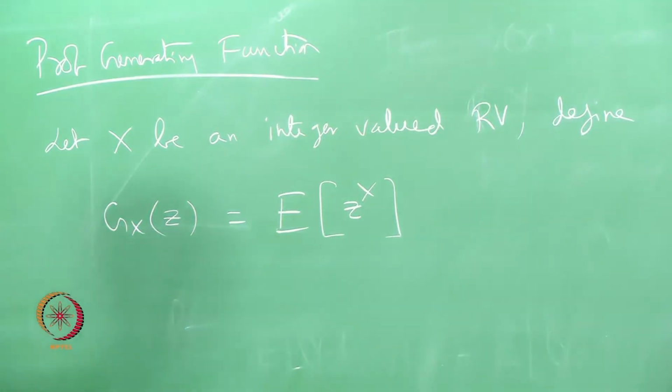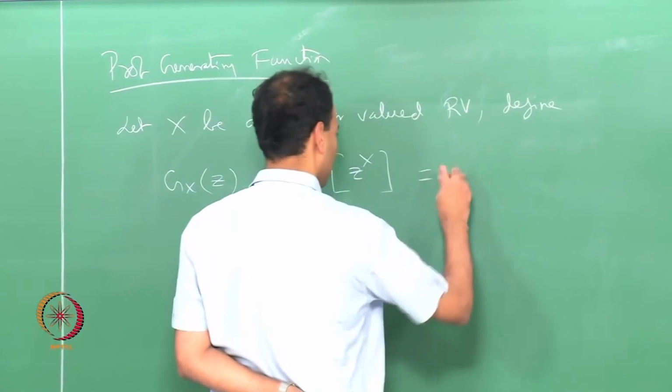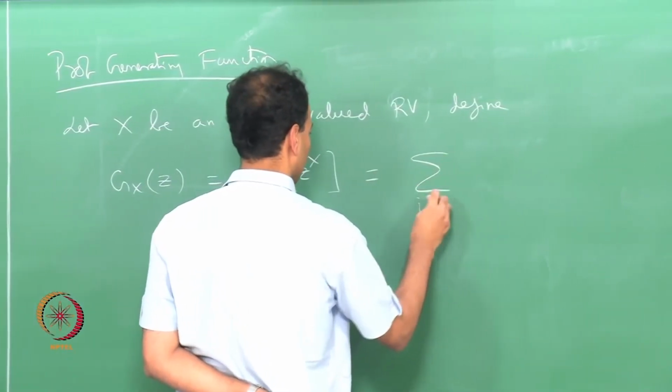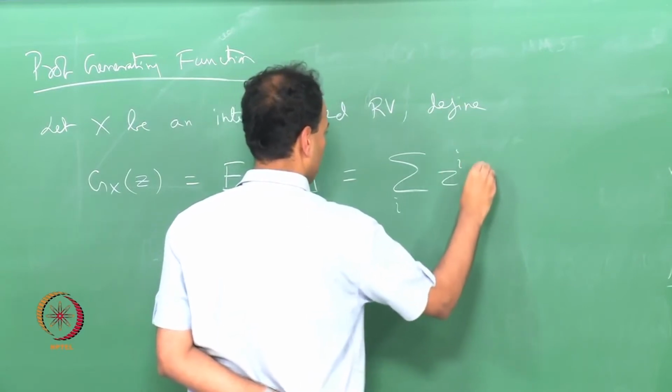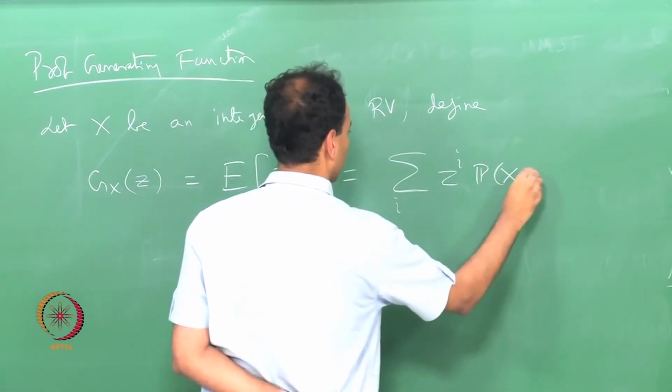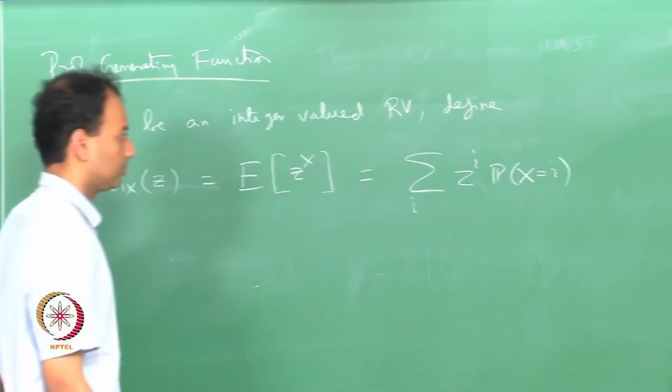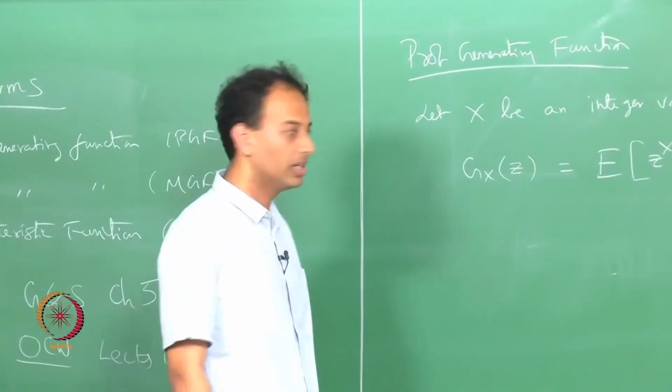So this is an integer valued random variable, so you can just write this as the sum over i of z^i times the probability that X is equal to i.